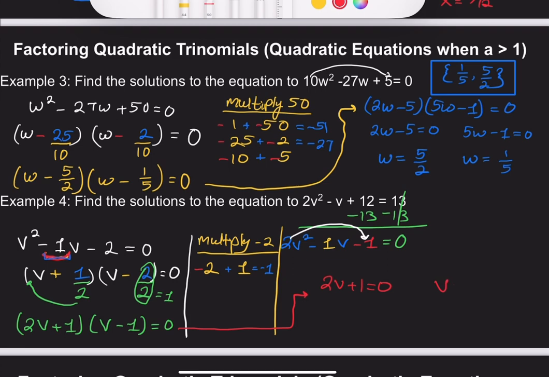And then we have v minus 1 equals 0. And I want you guys to verify the solutions for me. For this one, v equals negative 1/2. And when you solve for v here, v equals positive 1. And those are the solutions to our quadratic equation. Negative 1/2, comma, positive 1.